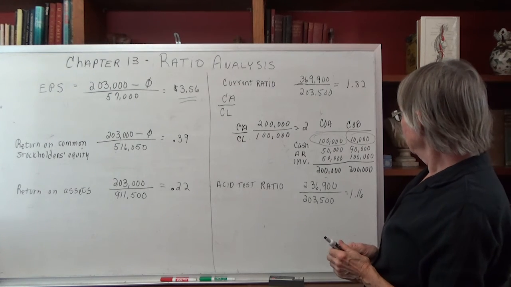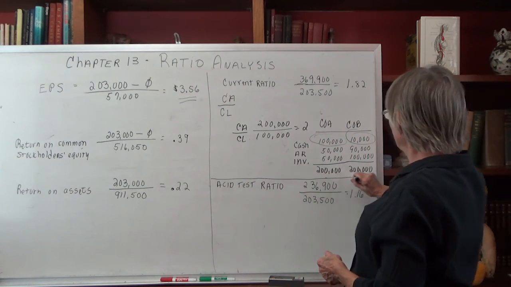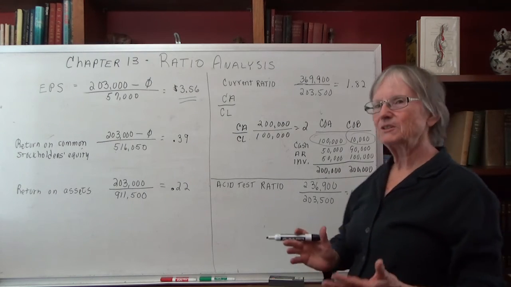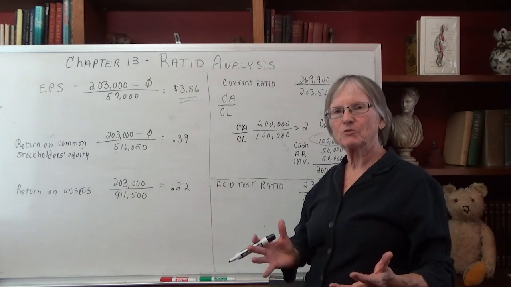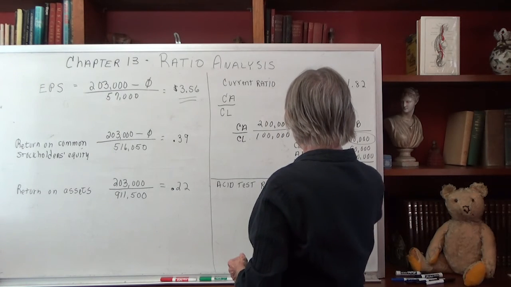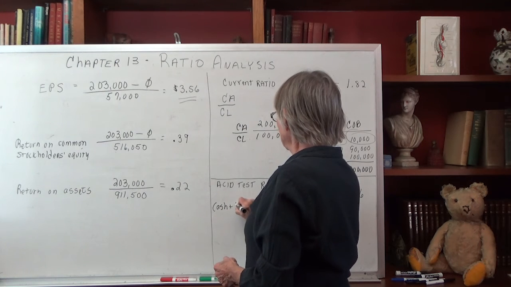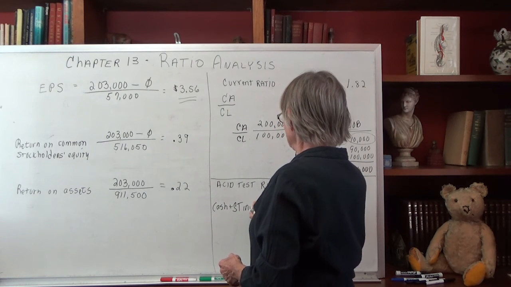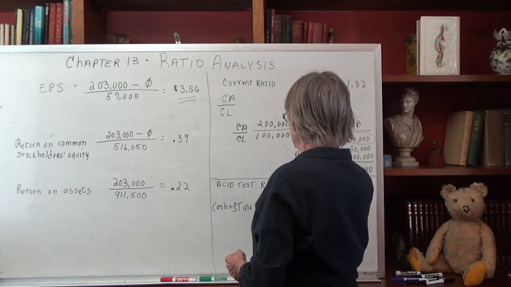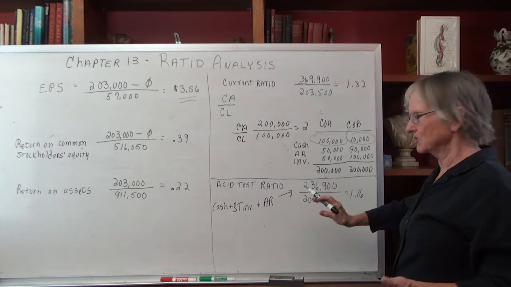Okay, so the acid test ratio tries to get a little bit more at what the company actually has available to pay their current obligations. The top number here is going to be cash, plus the short-term investments that presumably can be sold, plus accounts receivable. Notice there's no inventory in here, that's not as liquid.